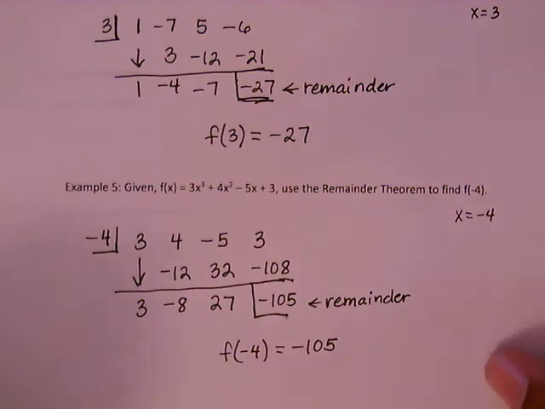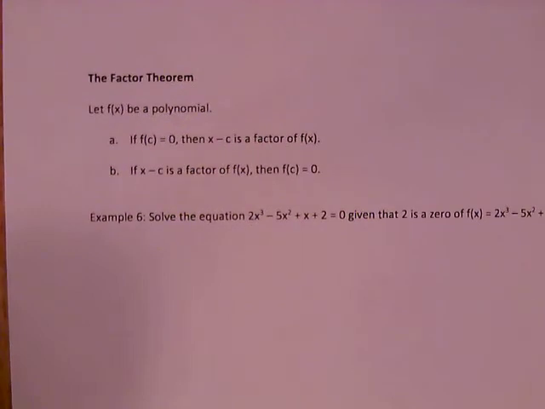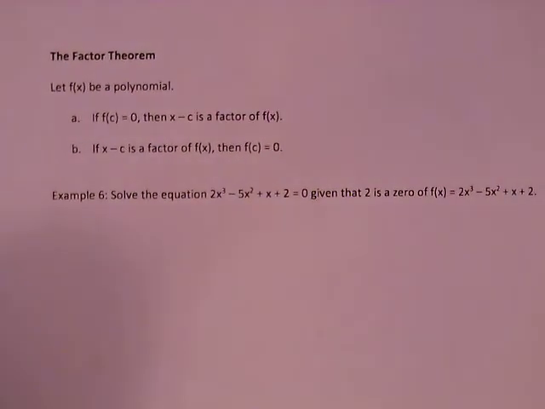Okay, next we'll look at the factor theorem. If we let f of x be a polynomial, then we got these two cases. In part A, if f of c is equal to 0, then x minus that constant is a factor of f of x.